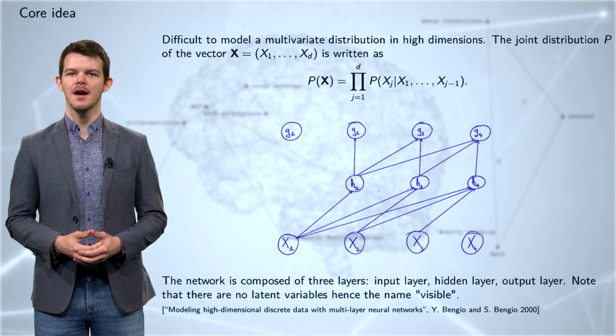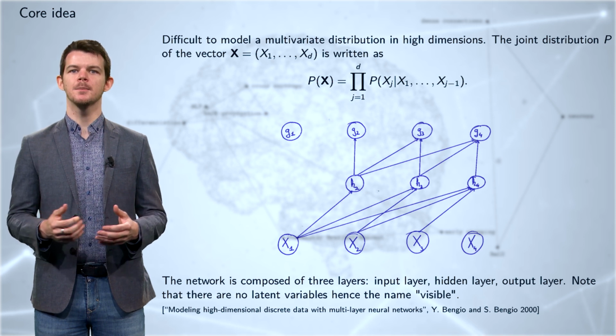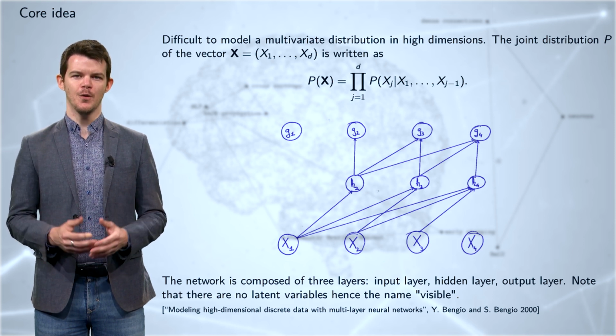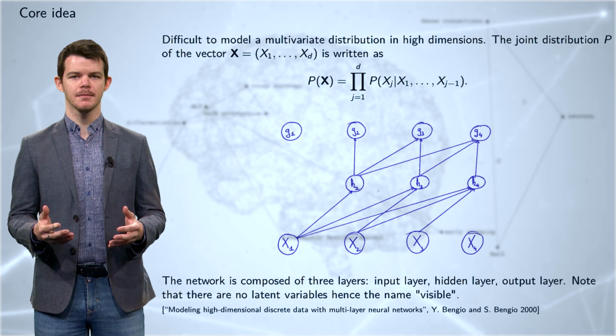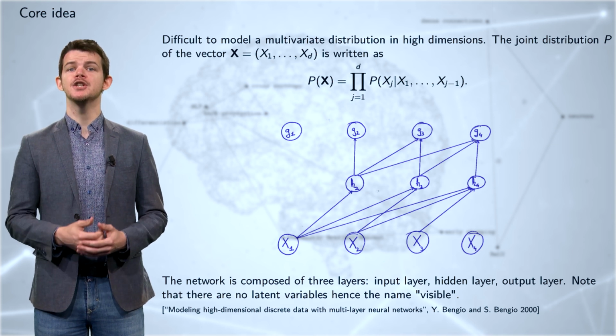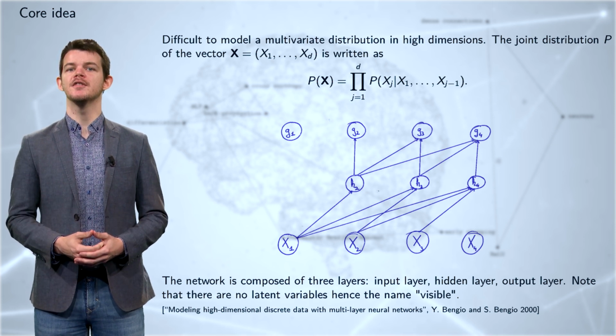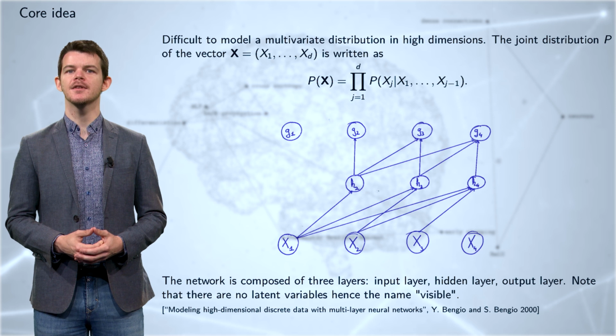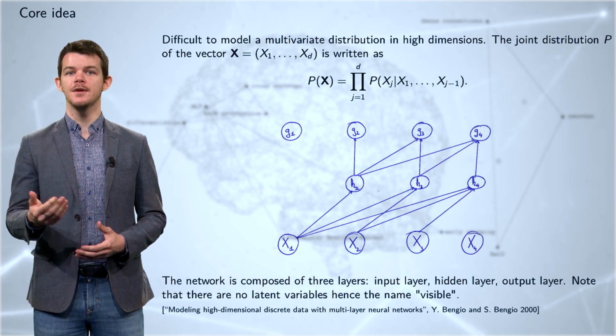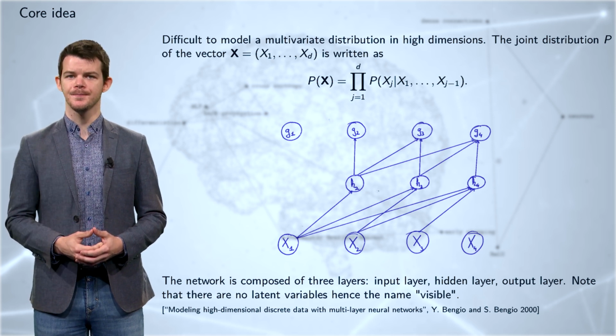These last units are the parameters of univariate distributions that appear in the decomposition above. For example, g1 corresponds to the parameter of the univariate distribution of x1. Similarly, g2 corresponds to the parameter of the distribution of x2 given x1. Indeed, you see that the value of g2 depends on x1 through the hidden unit h2.